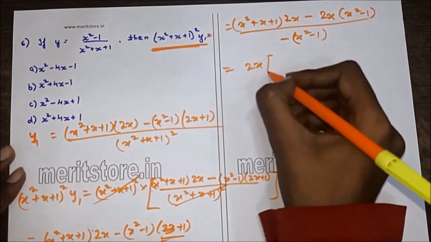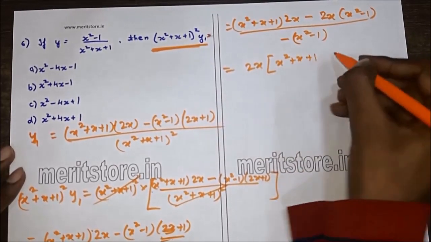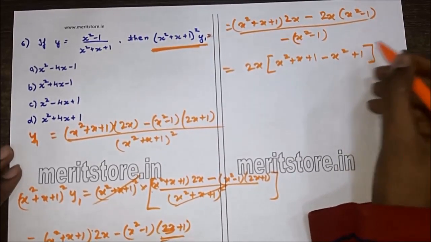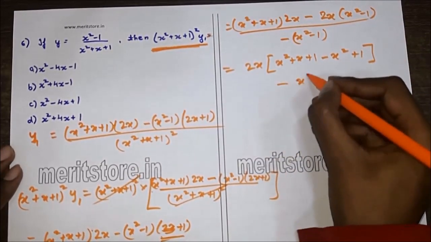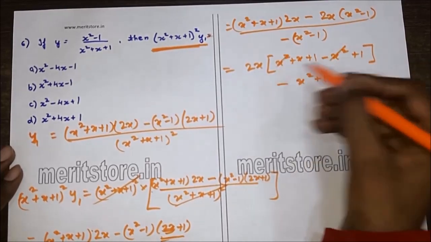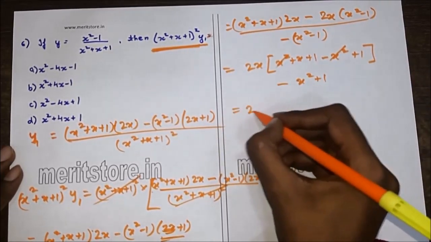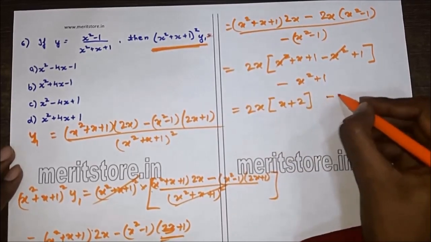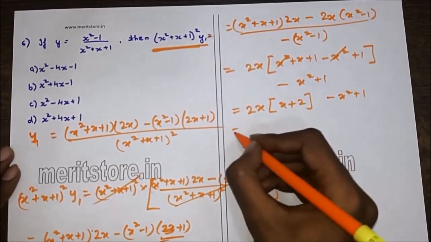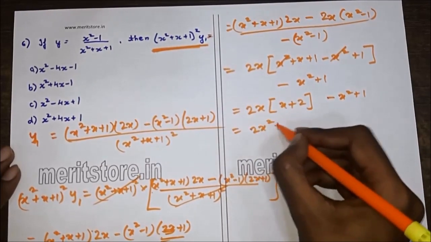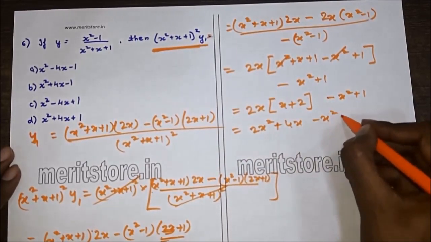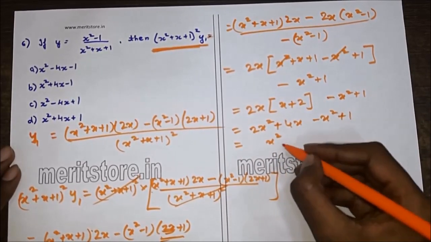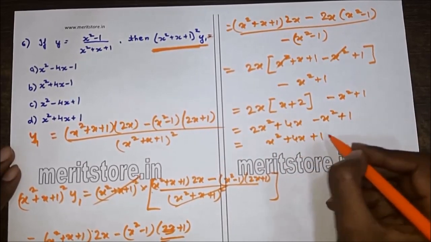So this is 2x into x square plus x plus 1 minus x square plus 1. So x square gets cancelled. So this is 2x into x plus 2 minus x square plus 1. So this is 2x square plus 4x minus x square plus 1. So 2x square minus x square is x square. So x square plus 4x plus 1, which is option D.